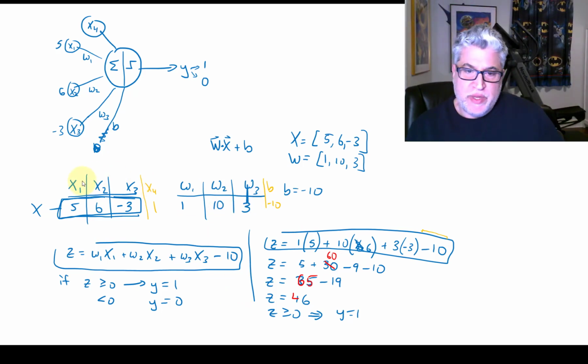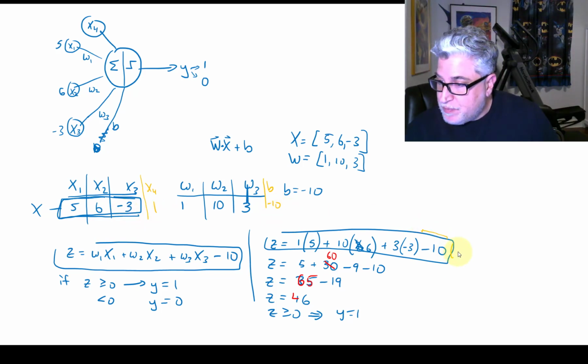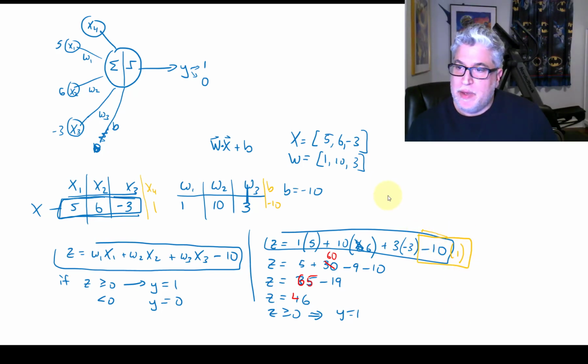And now when we dot the X's with the W's, we have just one more entry to deal with. So we still do 5 times 1, 10 times 6, 3 times negative 3. But now we'll do negative 10 times 1. We just need to squeeze in here a 1 and the bias.